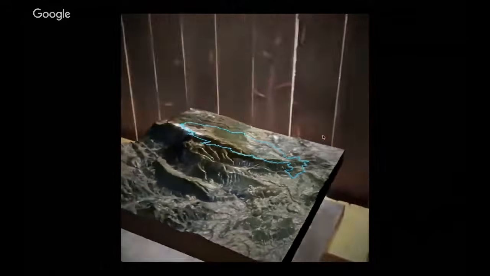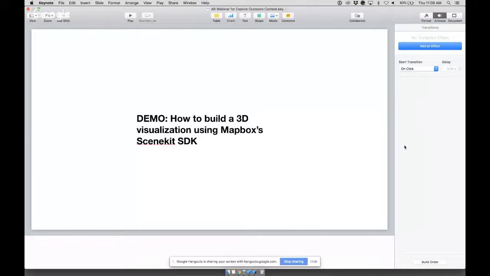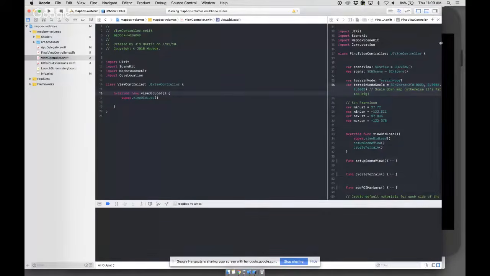For the purposes of exploring the APIs from our SceneKit SDK, we're going to focus on the 3D content. There are a lot of examples out there for how to get any 3D content into augmented reality, and there's some boilerplate that we're going to skip over today, especially for the purposes of demonstrating what the output of a build is. So let's get into code, and you can see what I'm talking about here.